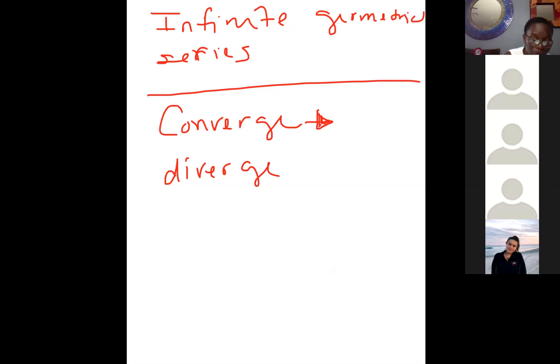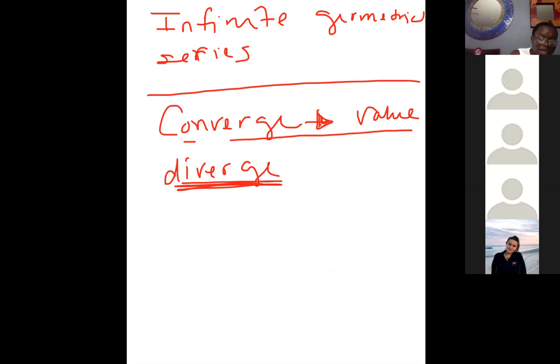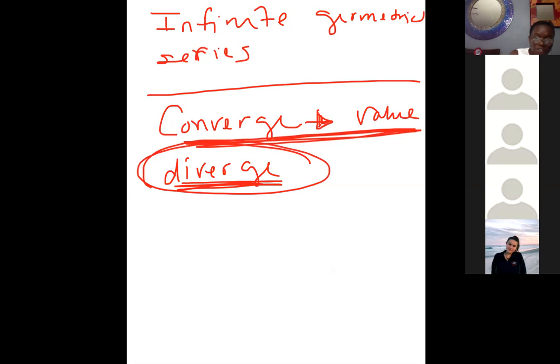It will go to a certain value. However, when it diverges, it doesn't go to a certain value. In other words, if a geometric series converges, you can find the value of it. And if it doesn't converge, we say that it diverges.